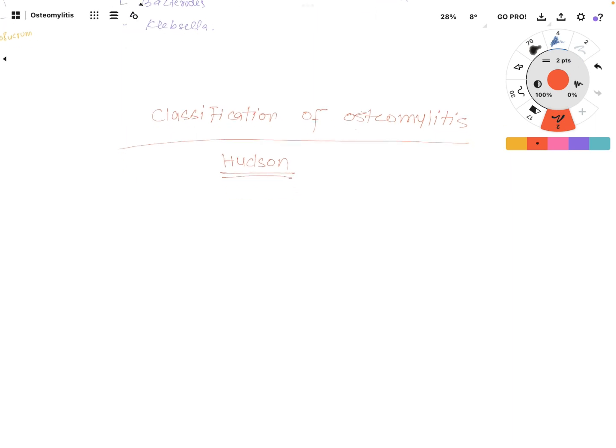He classified them into the acute osteomyelitis, which is within 1 month of infection, and the chronic variant, which is infection more than 1 month. According to him, acute osteomyelitis contains two variants, the suppurative one, which is when there is pus formation, and then there is the non-suppurative variant.